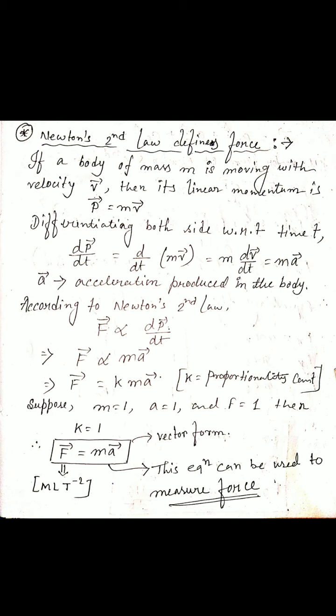We will discuss it in the next videos. So just know that Newton's second law is the main law. Using this equation, if you have the value of a, the rate of change of velocity, and the value of mass, then you can easily find the force acting on that object or body. I hope it is clear.